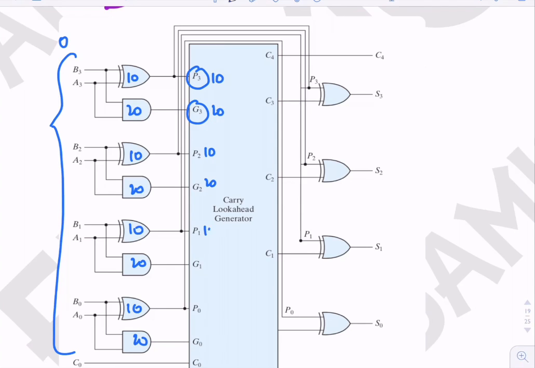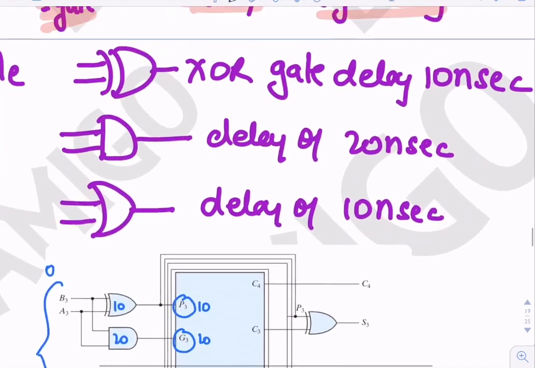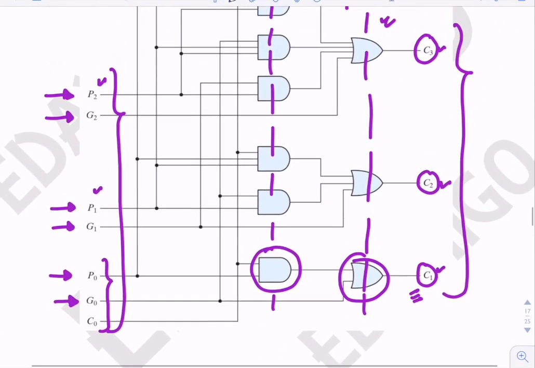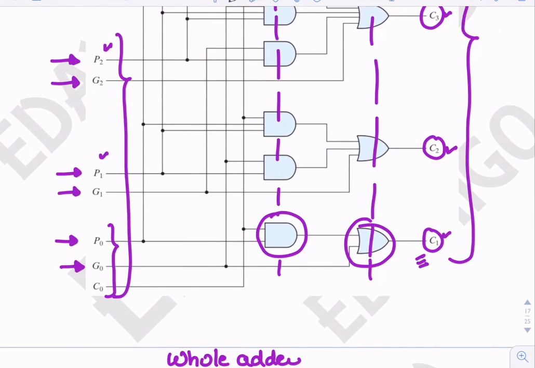Now let's move on to the back circuit. As we know, these Pi are available at 10 and Gi are available at 20, so the actual input to this whole circuit is available at 20 nanoseconds.